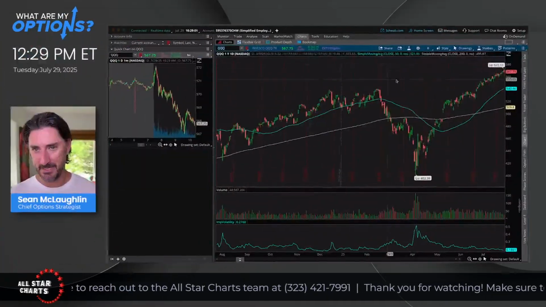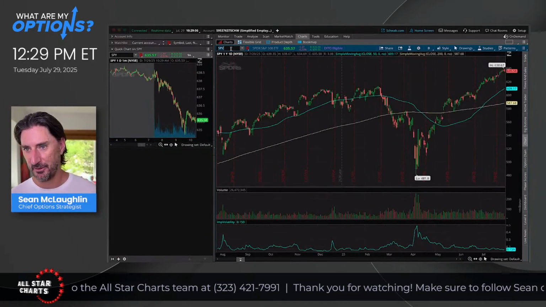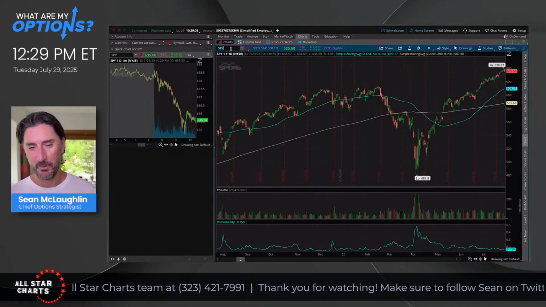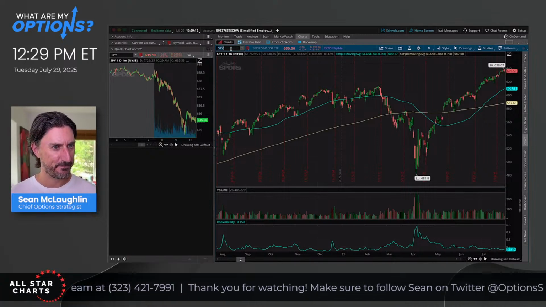My risks are defined and I accept those risks, but man, I had a lot of open profits that I'm giving back right now, and it doesn't feel good. So to see the Qs potentially have a red day today, and SPY potentially have a red day first in a while, it wouldn't surprise me at all, because we've been seeing it under the hood over the last few days.